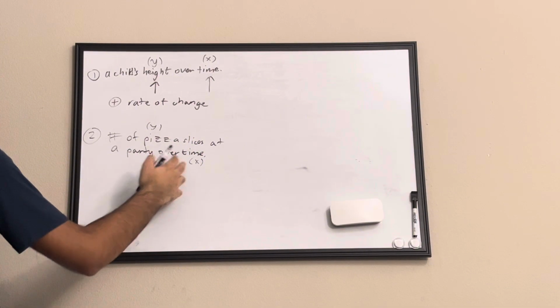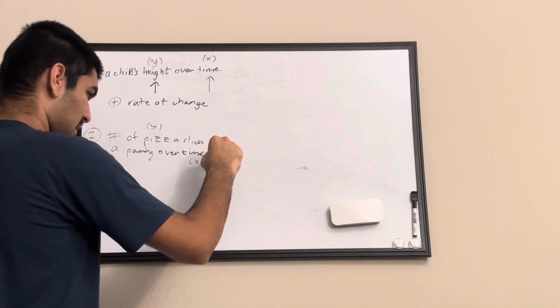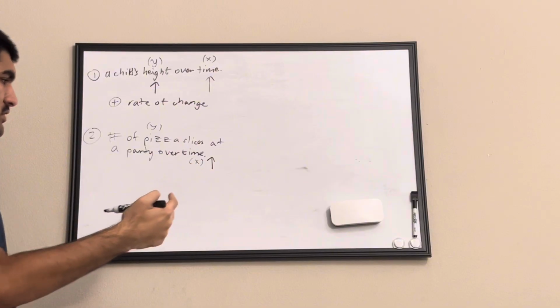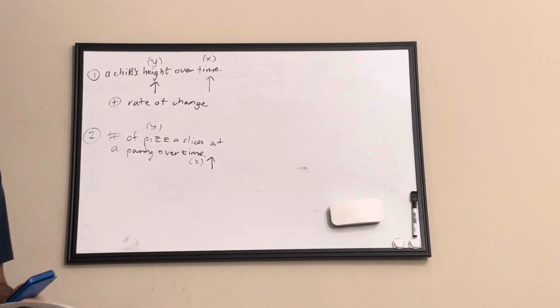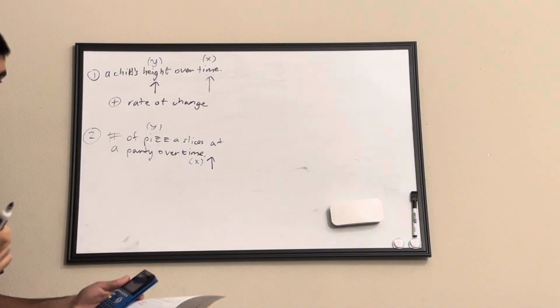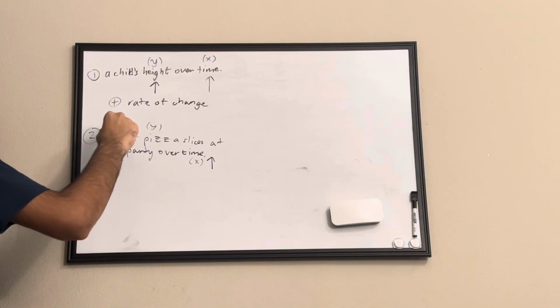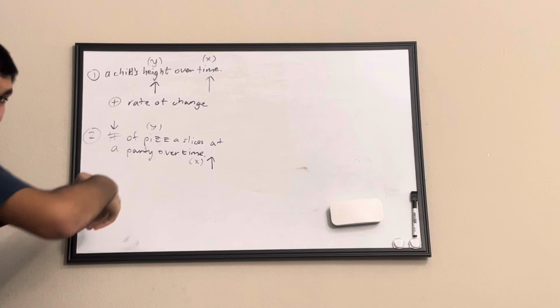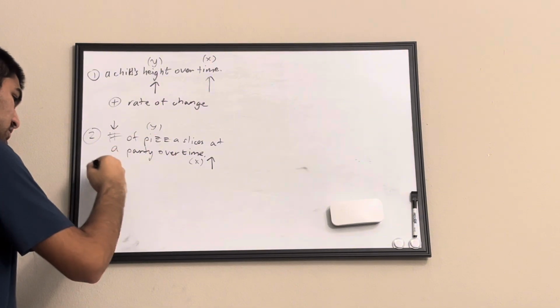Time is only increasing. And then for the number of pizza slices, more and more people are going to eat pizza, so the number of pizza slices is going to decrease, right? So as x increases, y decreases, so this is a negative rate of change.